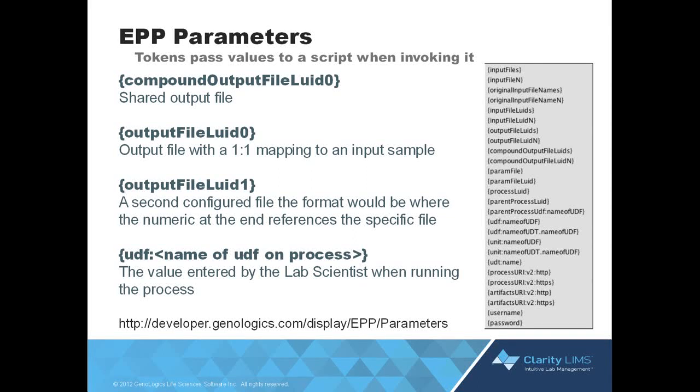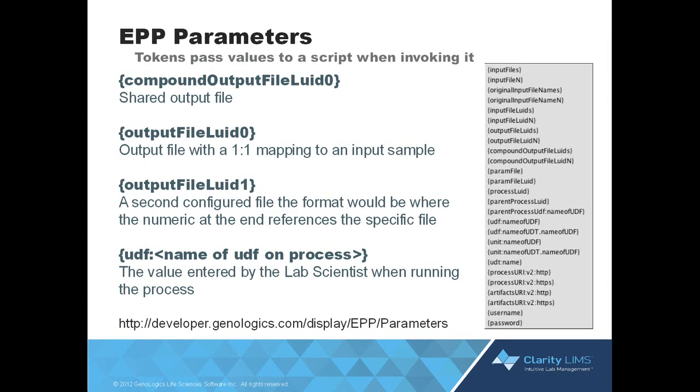And since a process can produce more than one of these, it's best to have an index, or in fact you must use an index here. So the first shared output file will be referred to as compound output file LUID 0, because we're 0 based here.